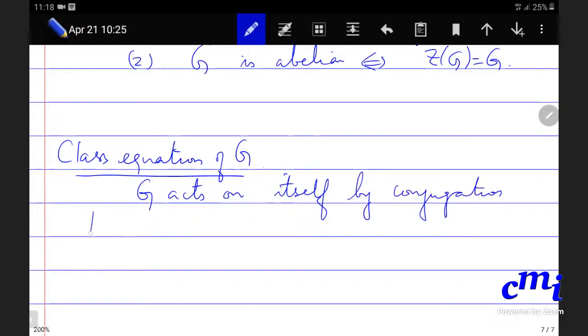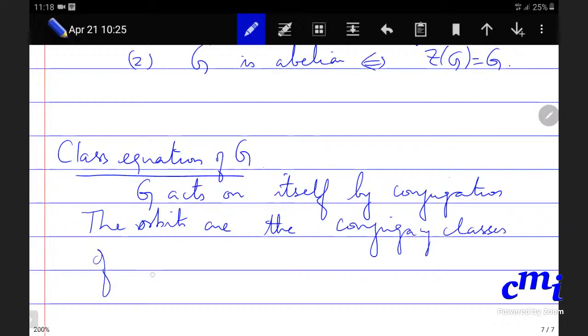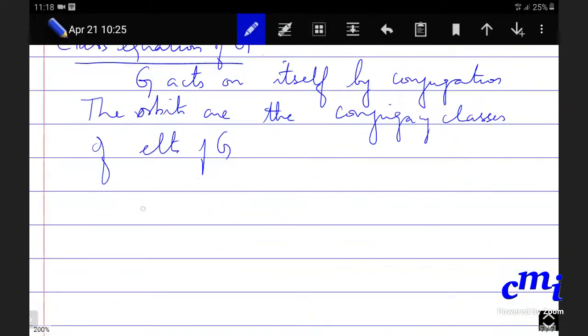The orbits are the conjugacy classes of the various elements. Each element has a conjugacy class, those elements that are conjugate to it. These are called the conjugacy classes. Let C1 up to Ck be the distinct conjugacy classes.